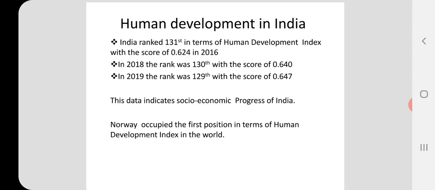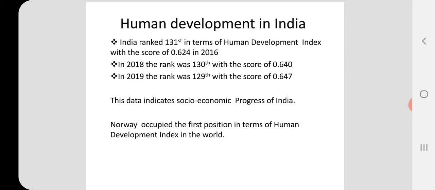In 2018 the rank of India was 130th with a score of 0.640, and in 2019 India ranked 129th with a score of 0.647. So the latest data shows that the rank of India was 129th in 2019 with a score of 0.647.